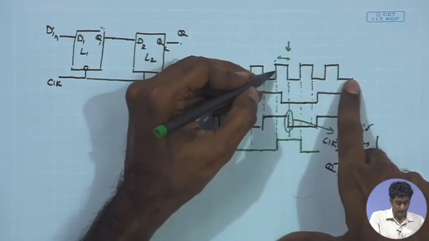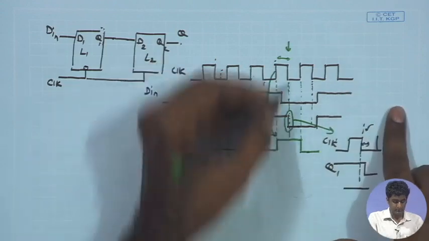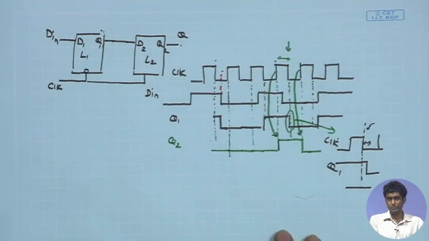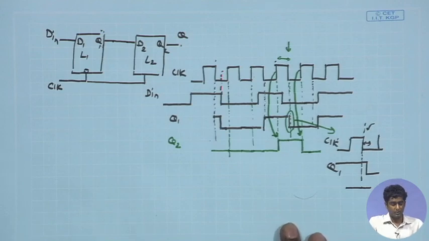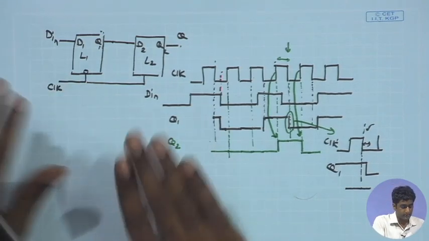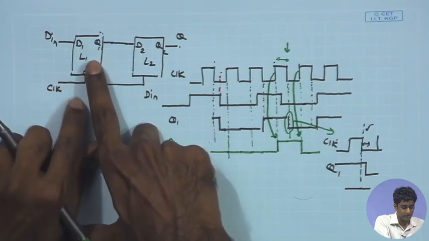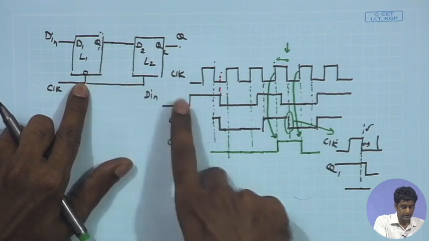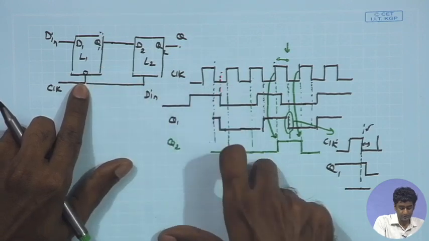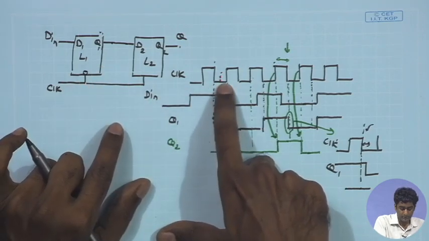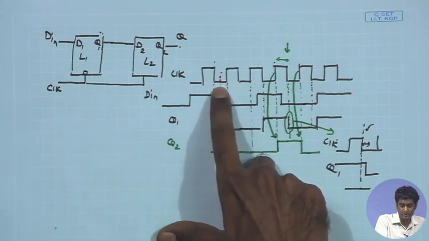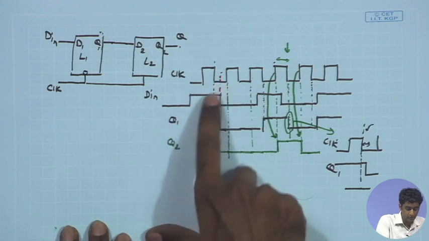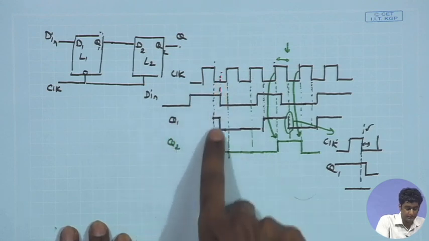So, we can see that only at the positive edges of the clock is the transition of Q2 seen. In summary, the operation is that the latch L1, being negative level sensitive, is transparent during the negative phase of the clock. Whenever the clock is low, it becomes transparent, and whatever data transition is happening, it will be copying that.